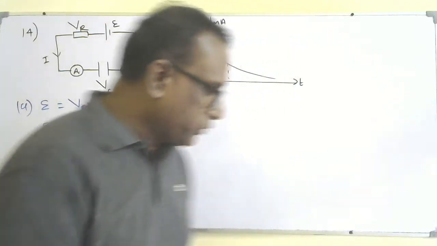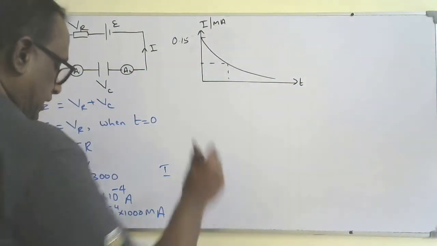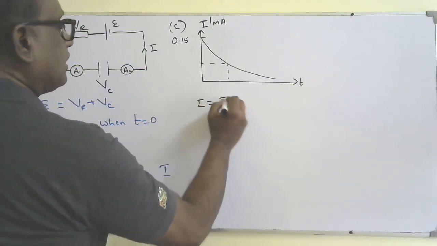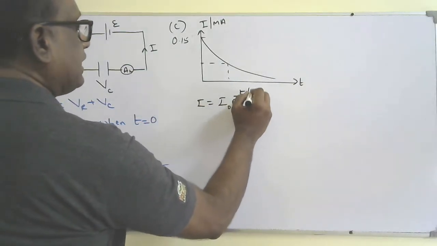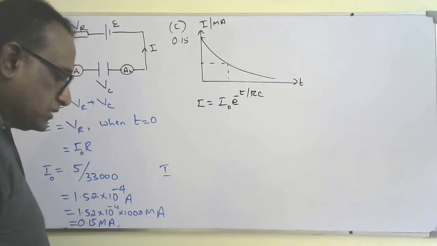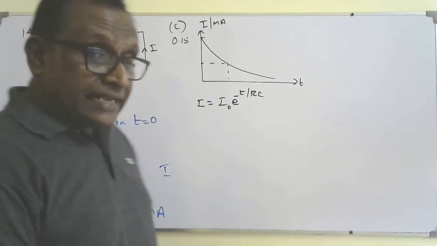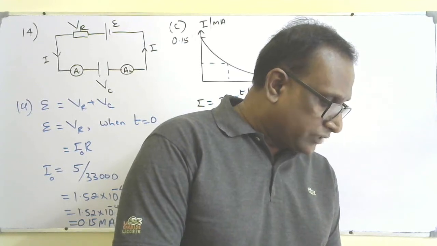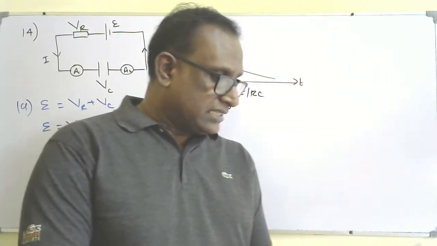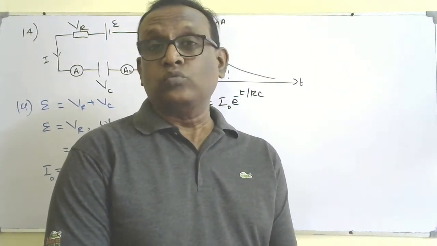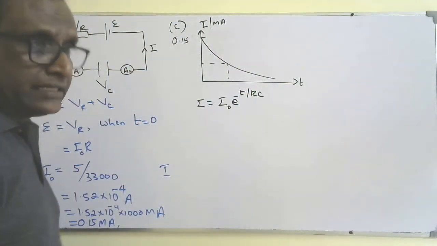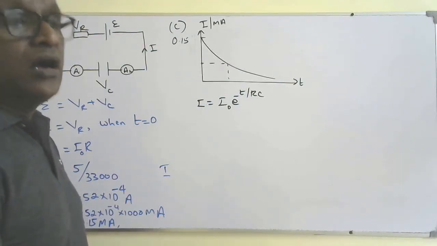I am using the equation I equals I naught e to the power minus t over RC. When you see the time of 3 seconds, the value recorded on the graph is a very clear value, 0.1 milliampere. So I thought of following this method, but you can do other methods also, half-life or time constant.